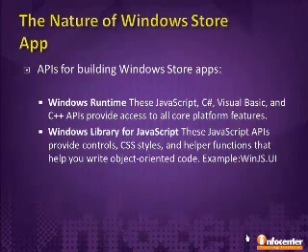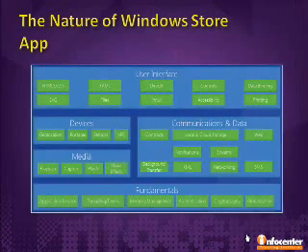One of the examples of this library is WinJS.UI. The APIs which are available for Windows Store application development are categorized into different categories: user interface classes, devices, media, communications and data, and finally fundamental.